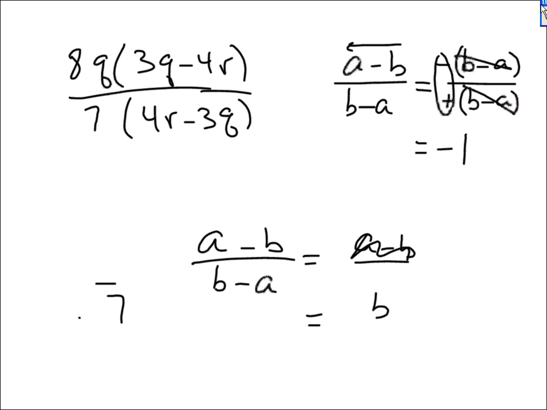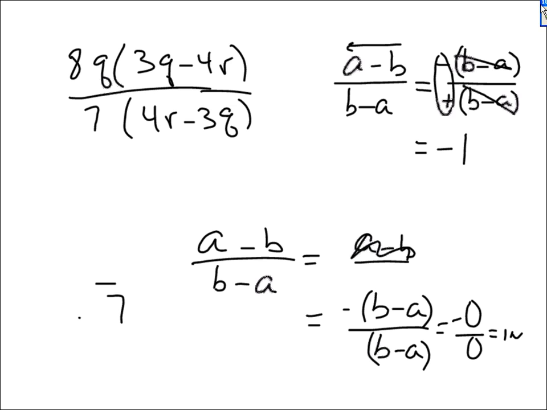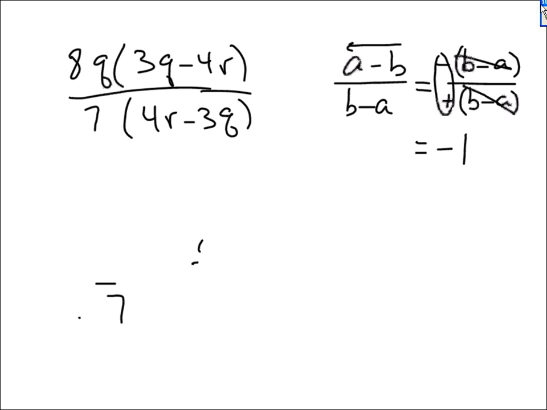It's the same as B minus A with a minus in front over B minus A. Negative 0 over 0. It's indeterminate. Okay? So just because you write it backwards doesn't mean, oh, it can never be indeterminate. Sure it can be. If it was 0 and you write it backwards, it's still 0.